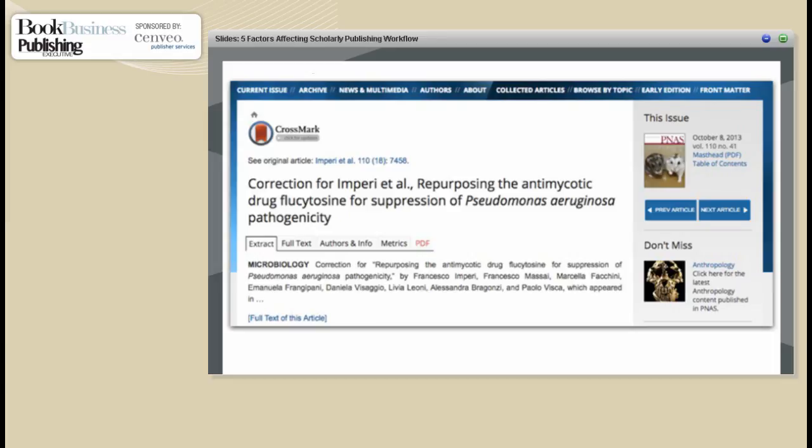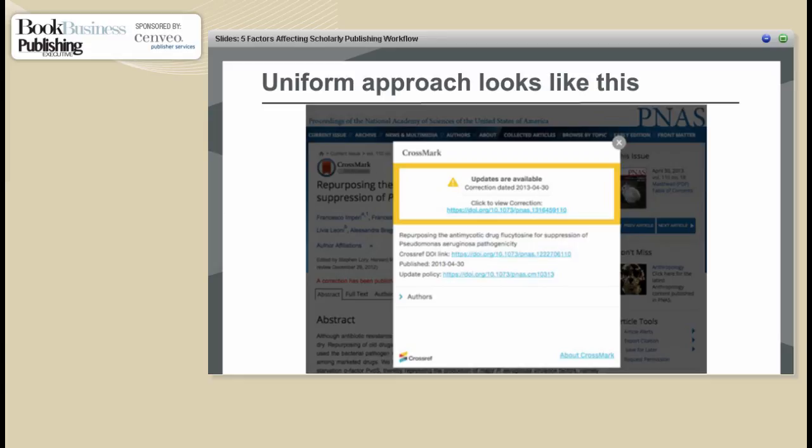And then what gets displayed is a dialog box that in this case is telling you there is an update available for this article. There's a link to it. It has its own DOI. And of course, then you have the DOI for the original article that you were reading. So this requires metadata, and it's very important to have accurate metadata that describes these relationships.